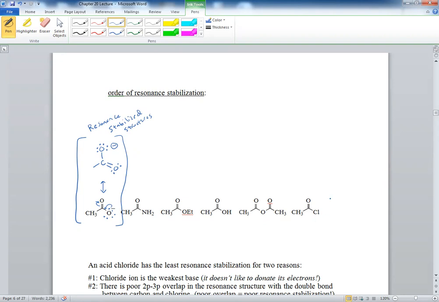However, if we look at the one at the end here, the chlorine, and we put the lone pairs on chlorine and draw another resonance structure, we see a problem here.